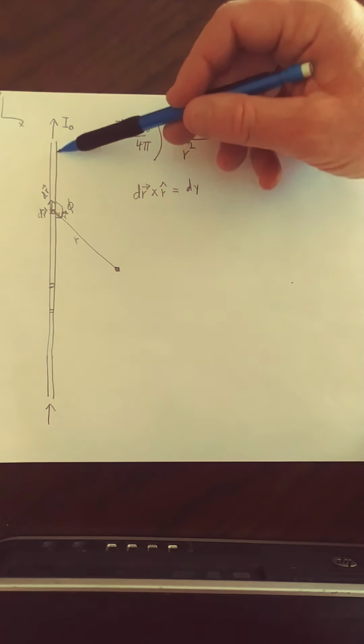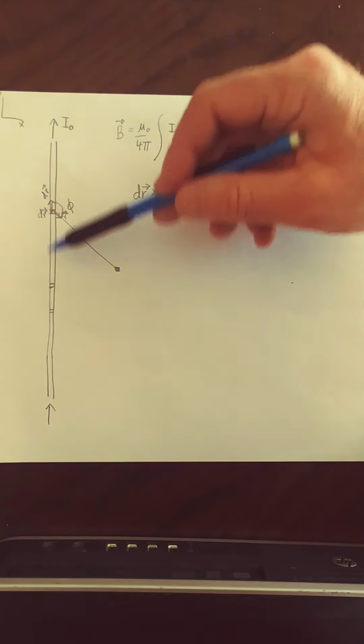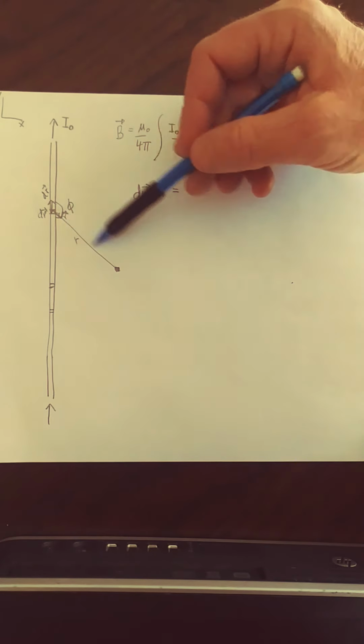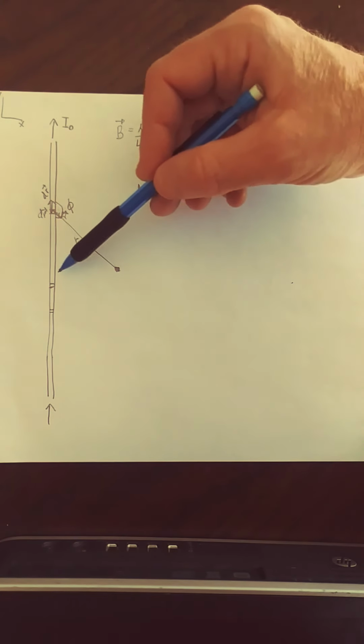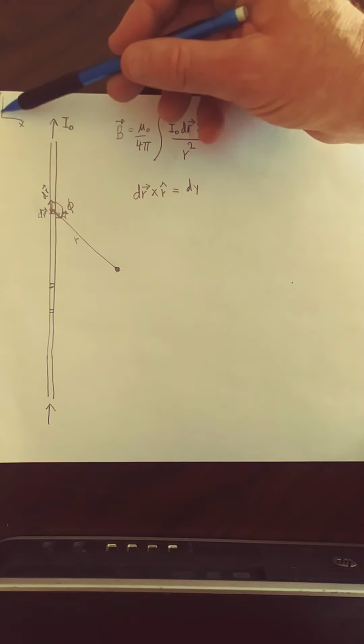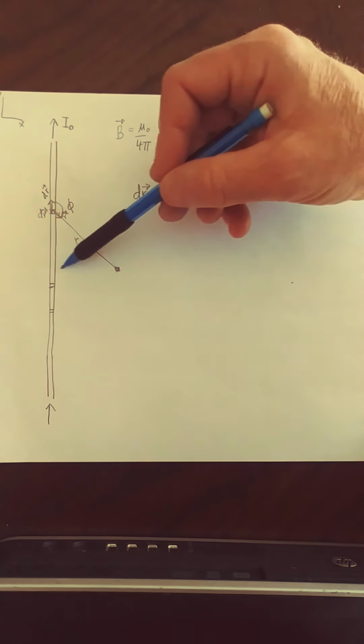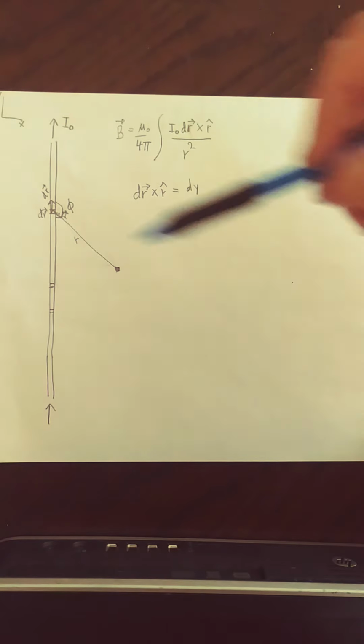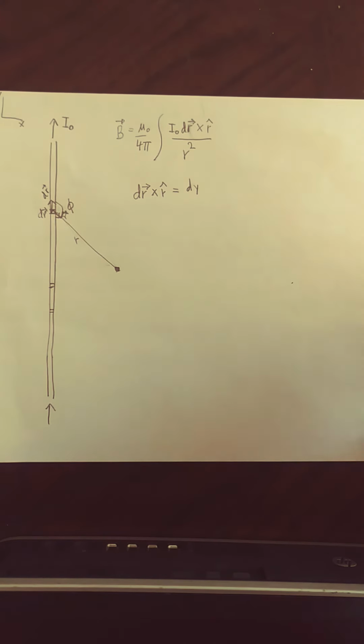If we're further up along here, then the y value is greater, and that comes into play in figuring out the distance r. Given our coordinates, the x distance is not changing, but the y distance is changing, and then Pythagoras' theorem applies there. So we can write everything in terms of y.